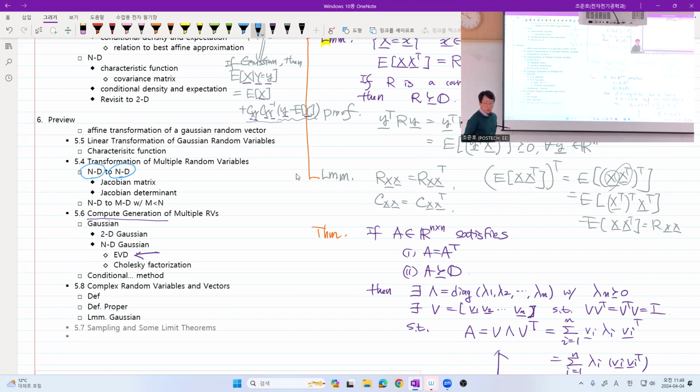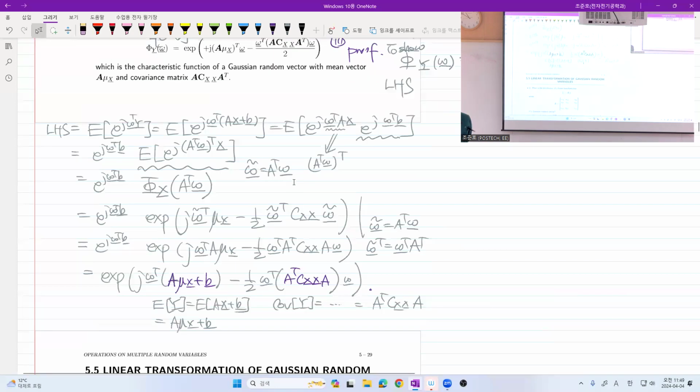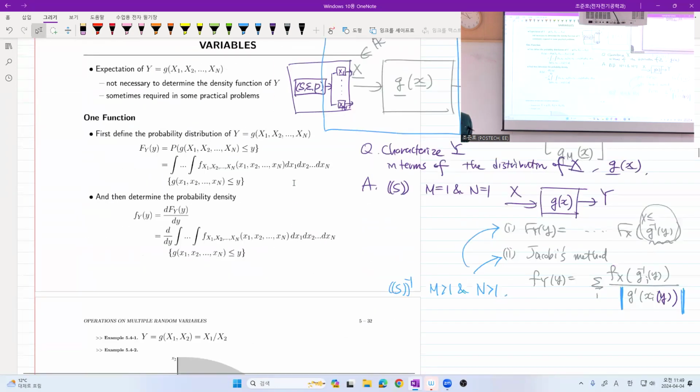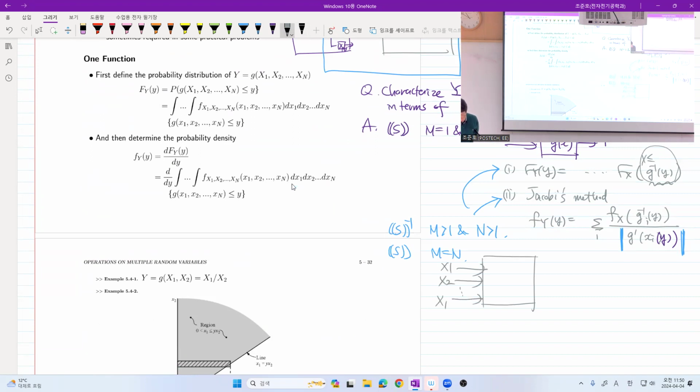So input and output have the same length, and then let's try to understand or derive the result in that case. So here again, we have the simplification where m equals n. Then we have something like this: x1, x2, dot, dot, dot, xn goes in, and y1, y2, dot, dot, dot, yn, which is simply the y vector, comes out.